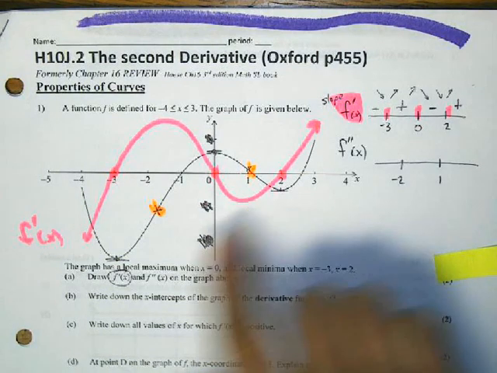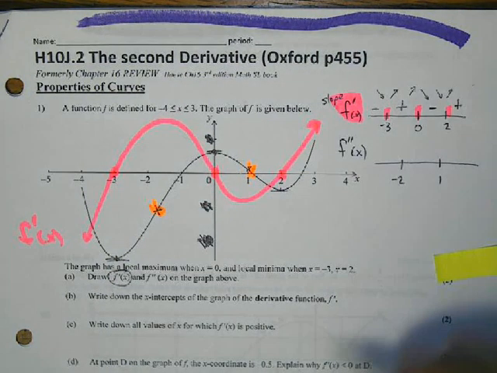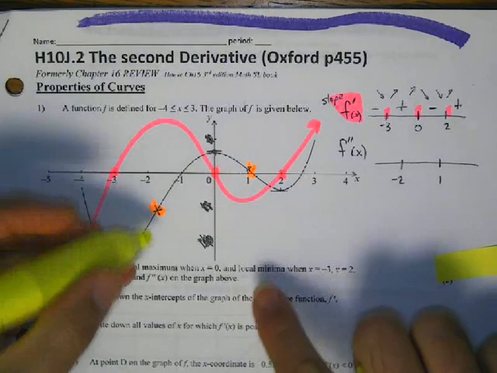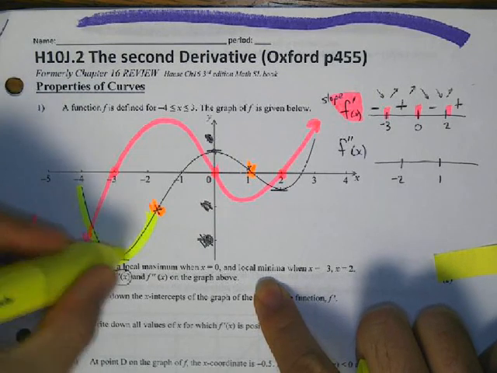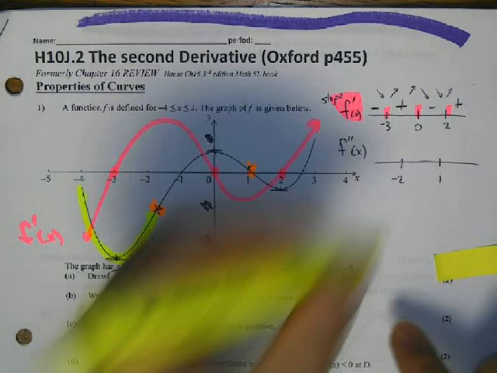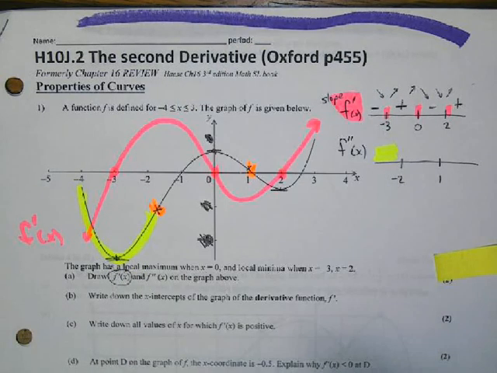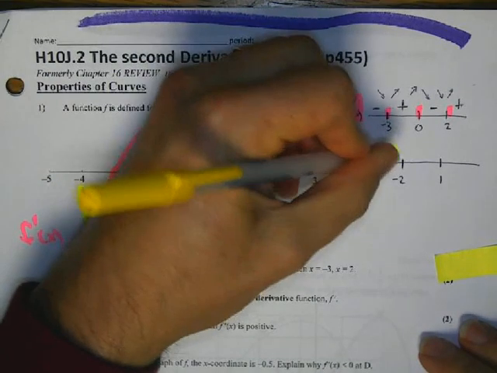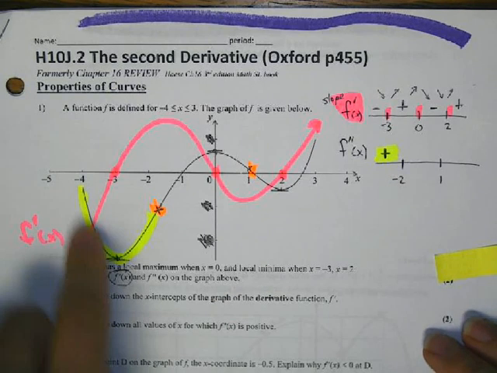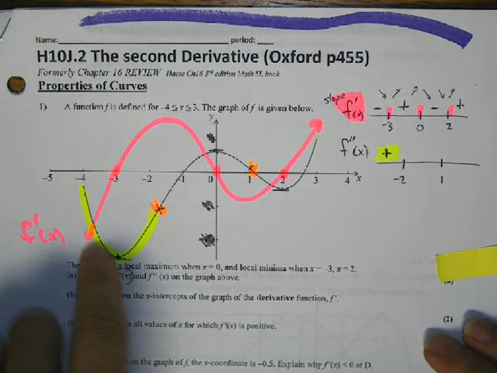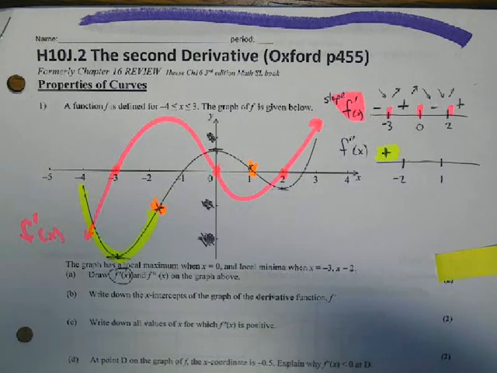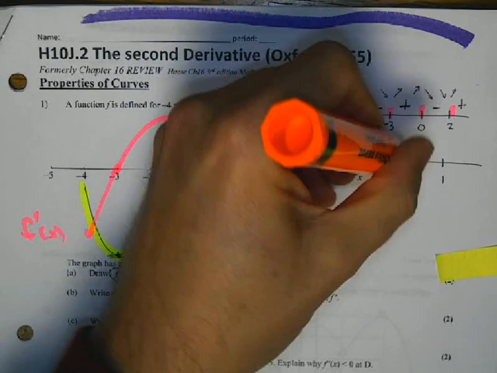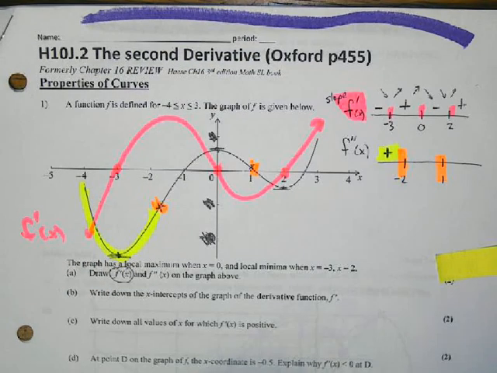So we're looking at the original graph f of x, the black graph, and from here till here, it looks like a smiley face, like a cup. That's concave up. So values less than -2 are concave up. The slope continues to get higher and higher. Then at -2, it's no longer increasing in slope.